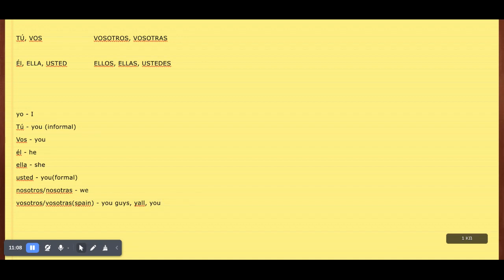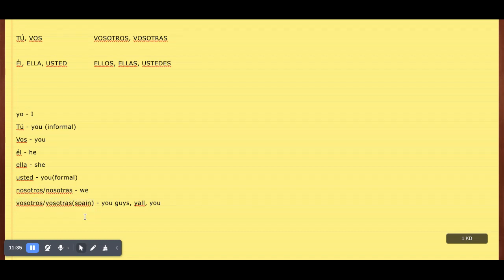The people that brought the language either were not addressing themselves with vosotros. They were likely using ustedes, which we'll get into in a second. Or the people that were picking up on Spanish, the natives, they just completely lost vosotros. They only started using ustedes. And because of that, you'll only find this in Spain. So that's an important thing to know.